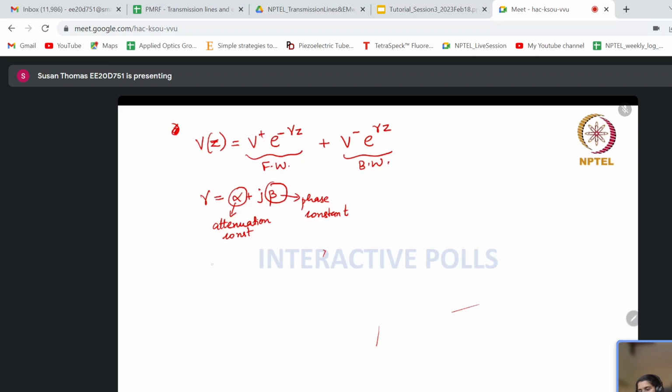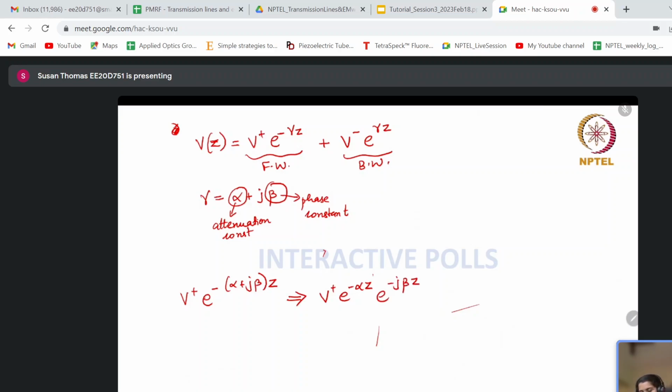Now, say if you take the forward wave into account, V plus e raised to minus gamma z. Instead of gamma, if I substitute alpha plus j beta into z, this becomes V plus e raised to minus alpha z e raised to minus j beta z.